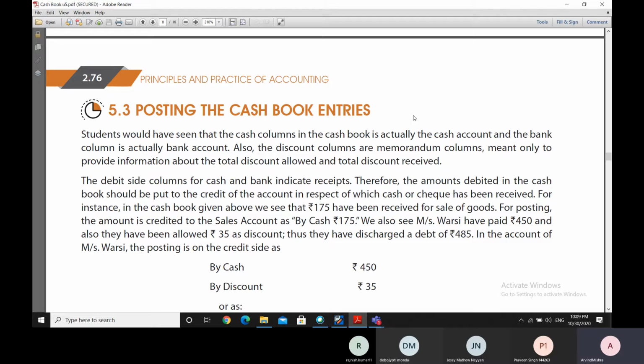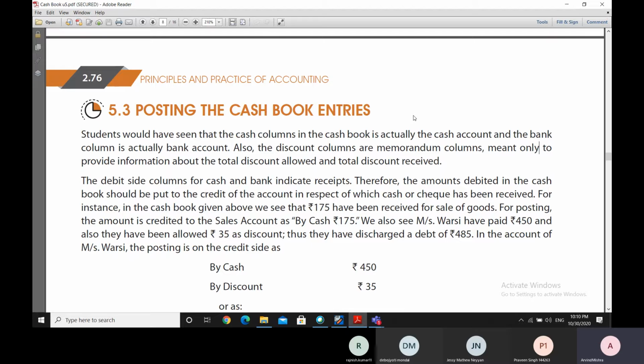So the distinction between account and memorandum is being made here, that an account would be balanced on both the sides. An account would have the trappings of an account where we have entries on the debit and the credit side, and then both sides are balanced and the carried down amount is brought down into the next period.